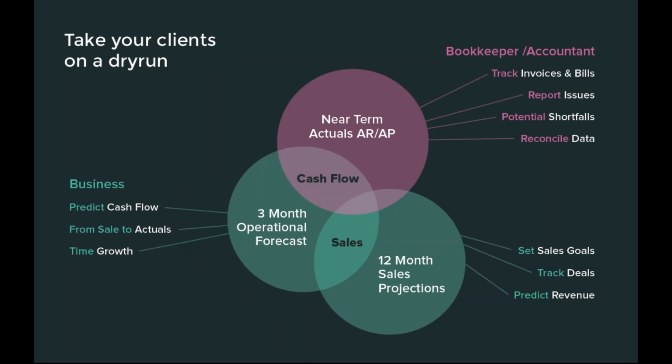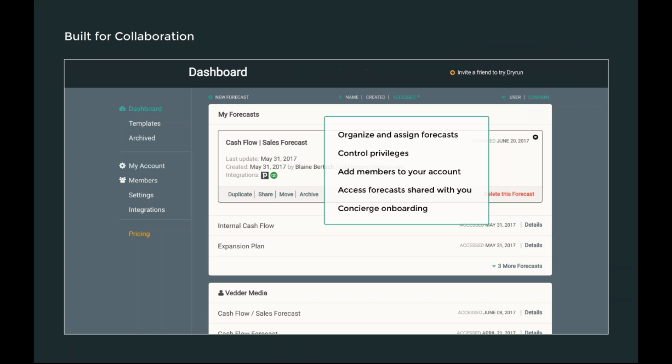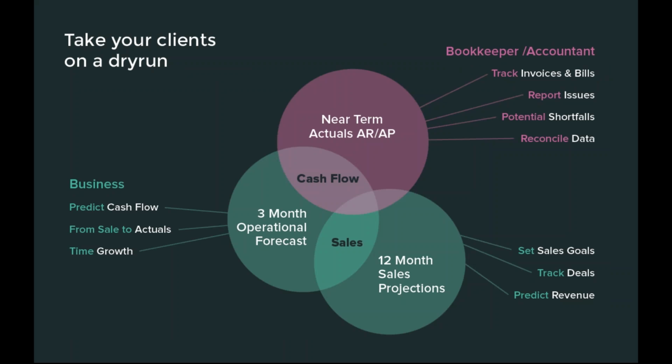Okay, so I'm going to come back to this slide because we need to actually have a discussion about what a Dryrun forecast looks like first, and then you'll know what your role is. So I'm going to spoiler this right off the bat. Your role is purple if you're looking at the Venn diagram on my screen right now.